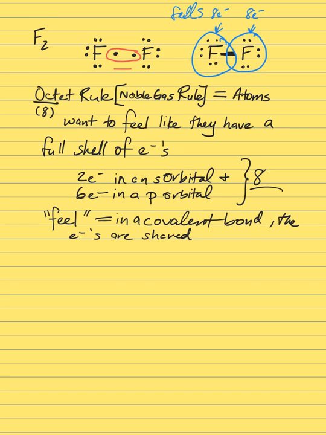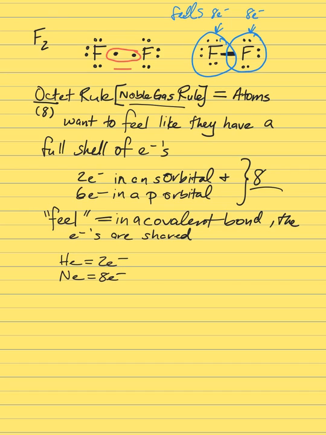The reason I prefer to say it's the noble gas rule instead of the octet rule is that not all noble gases actually have those 8 electrons. In fact, in reality, only neon does. Helium only has 2 electrons. Neon has 8 electrons.